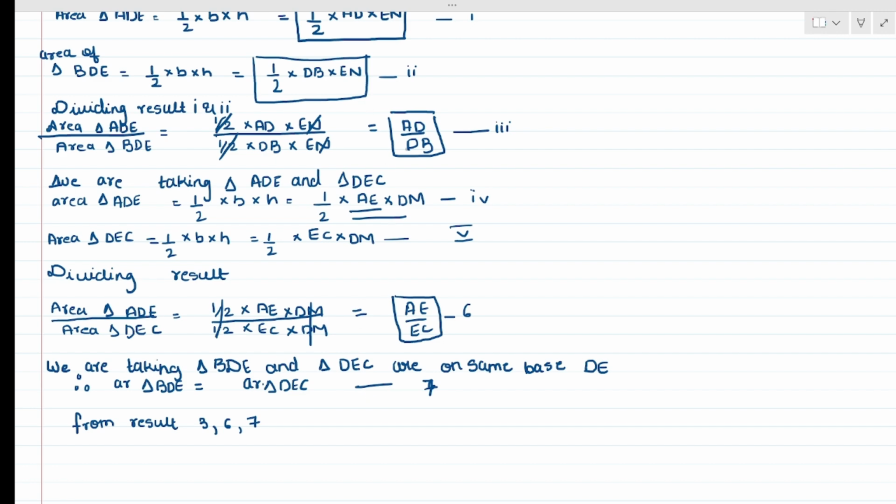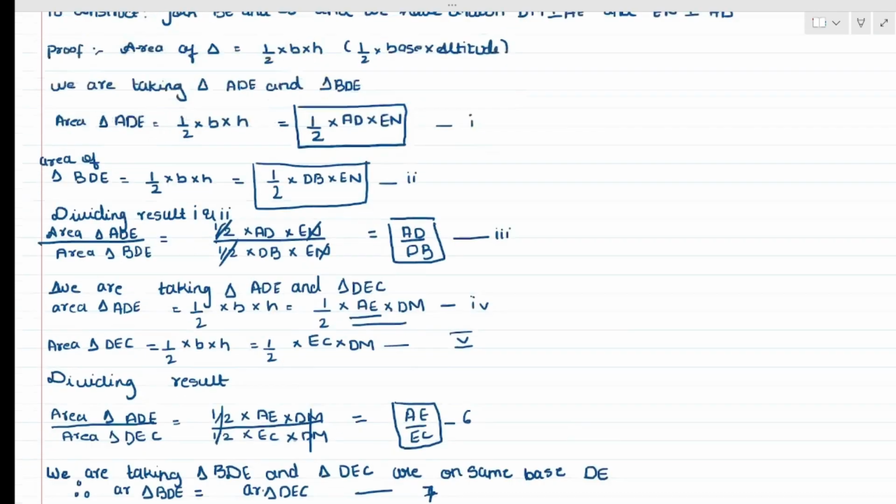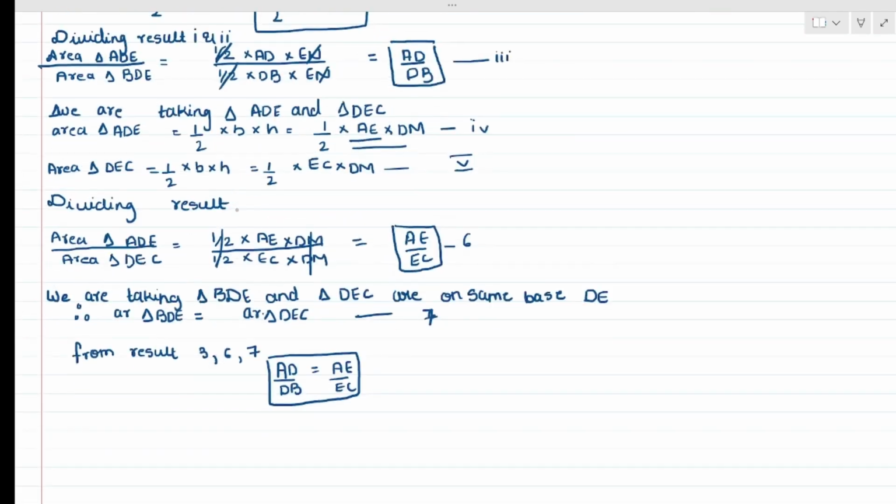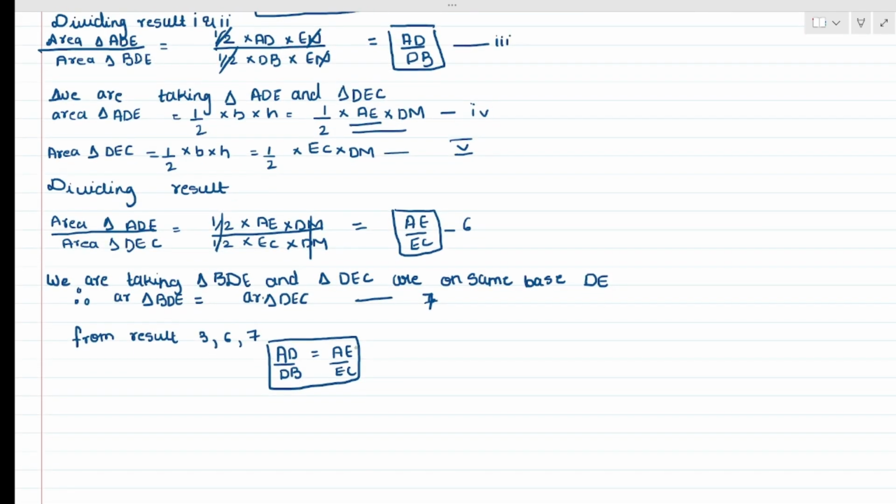We are getting AD upon DB is equal to AE upon EC. So write down AD upon DB is equal to AE upon EC. Answer in the box. And what did we need to prove? Earlier we selected AD upon DB is equal to AE upon EC. Did we get that answer? Yes, AD upon DB is equal to AE upon EC.